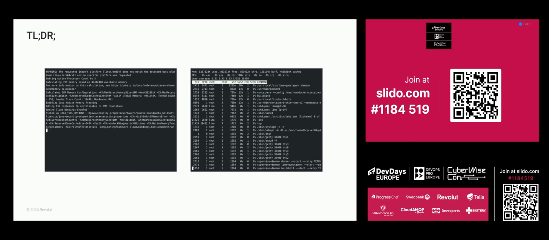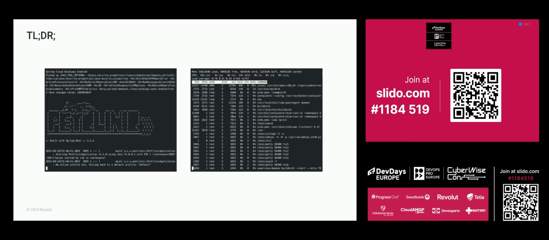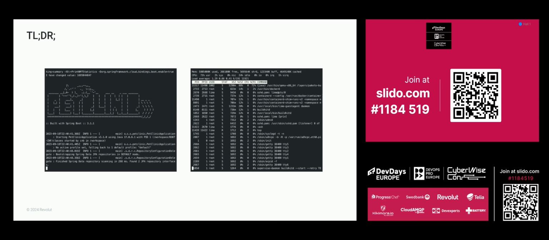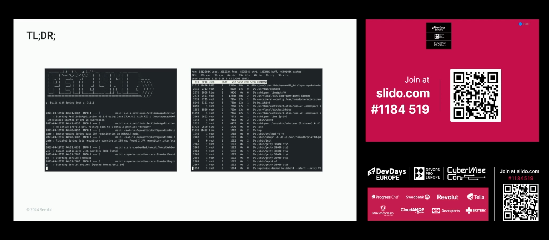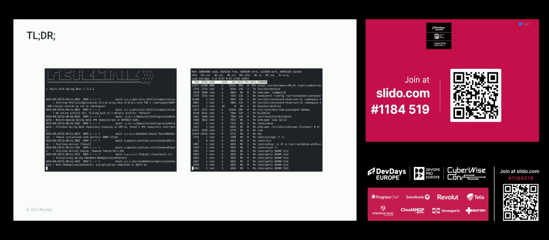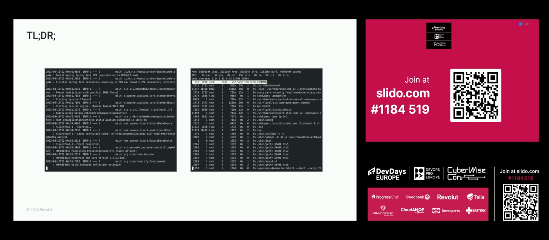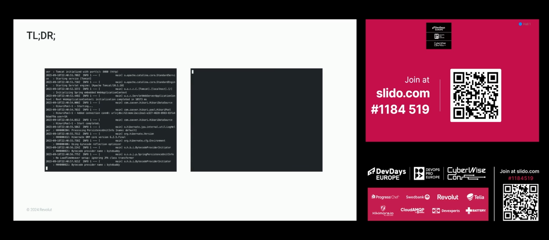And last but not least, probably that's too small for you, but the whole idea for this presentation comes from when I joined Revolut. I got a Mac M1 laptop, and I was trying to use some Docker images with Java applications that we have in the backend.